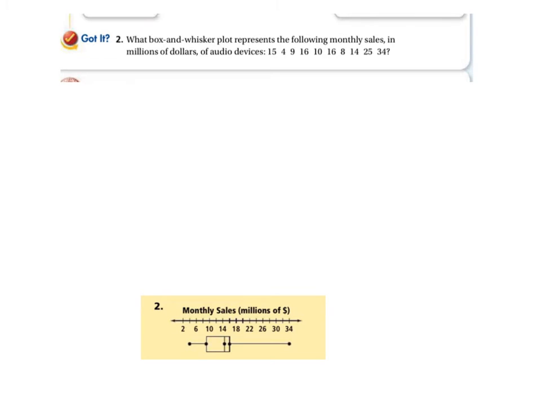Alrighty, so on this one, we're going to put them in order first, right? So smallest number is 4. What's next after that? Looks like it's 8. Then 9 and 10. Let's see, what comes next? 14. 15. 16.